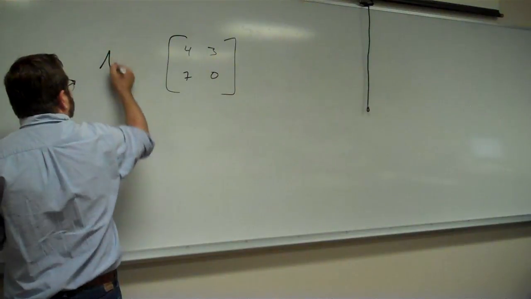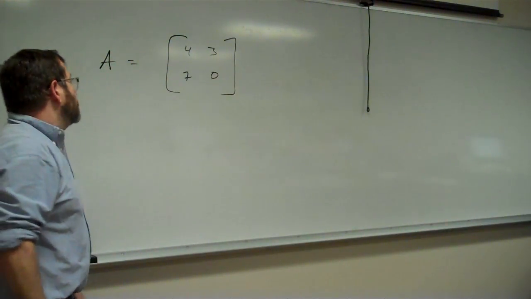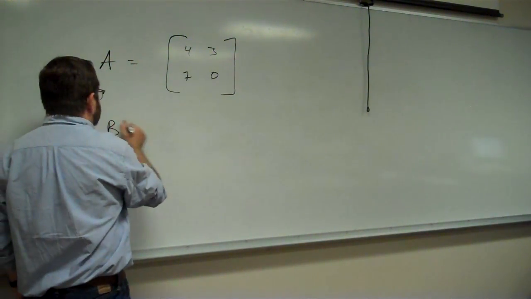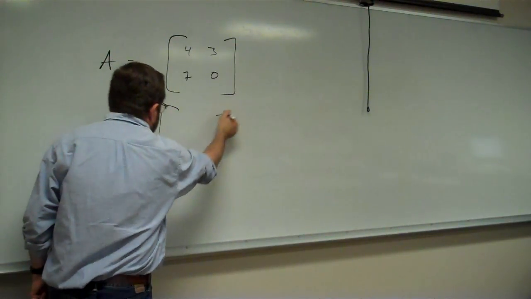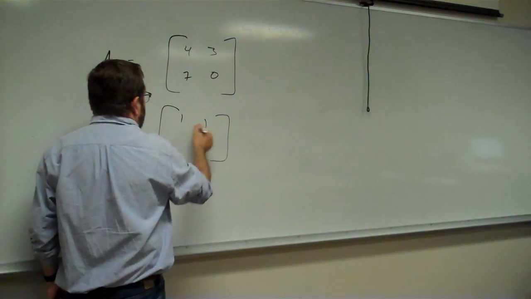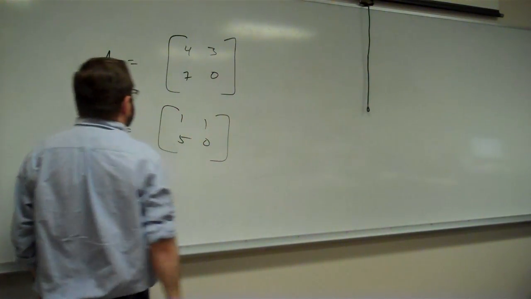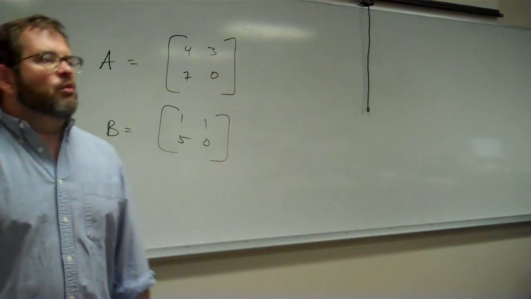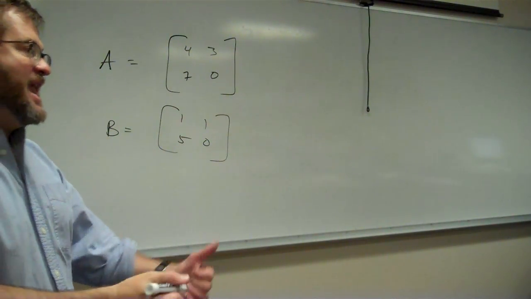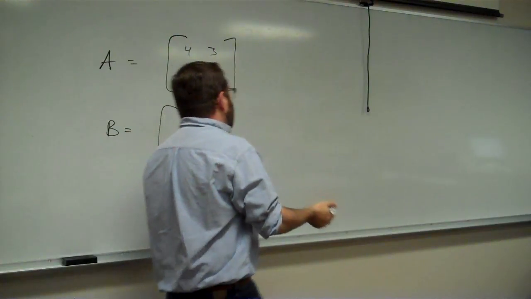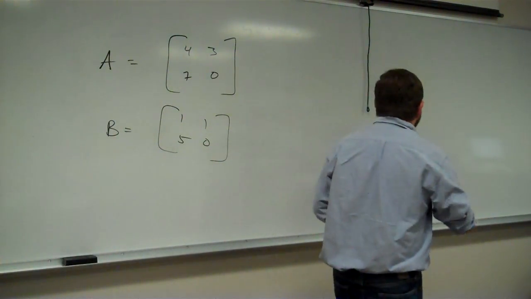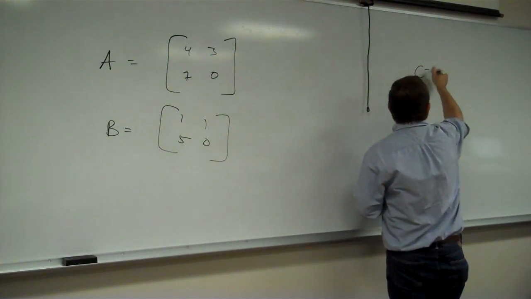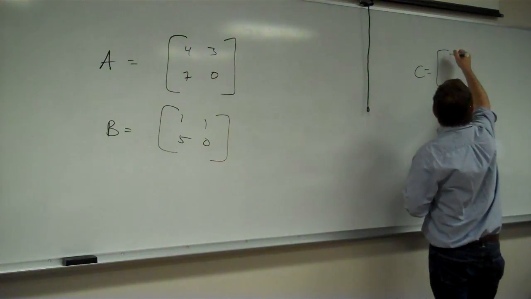This could be the matrix A. And we could have a matrix that we'll call B. How about 1, 1, 5, 0? Alright, we got matrices, and they can have a name, A, B. And we can do things to matrices. Here, I'm going to put another one over here. C. How about this guy?